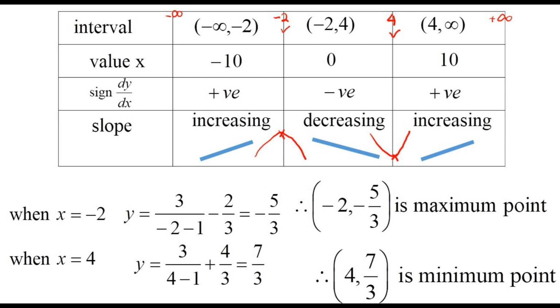For x equal to -2, we can see from our table it is at the top, which means the coordinate (-2, -5/3) will be considered a maximum point. And based on the table, once again, x equal to 4 is at the bottom of our slope, which means the coordinate (4, 7/3) will be our minimum point. And that is basically how you determine the relative extremum or local extremum by using the first derivative test.